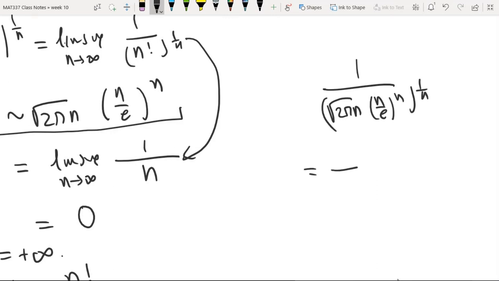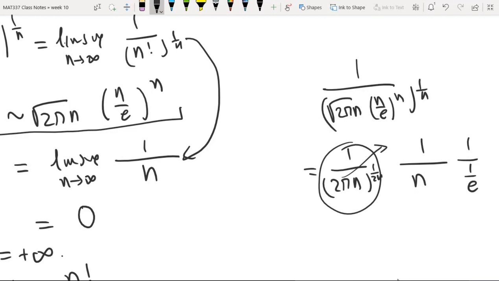Let's split this up: 2 pi n, 2n, n, and 1 over e. So this guy, you can show that it goes to 1. Okay, so we have an e here, but it doesn't matter, so it goes to 0. Is that okay?